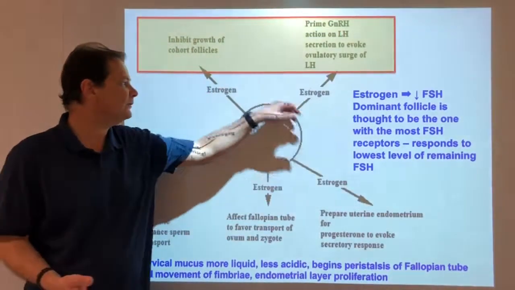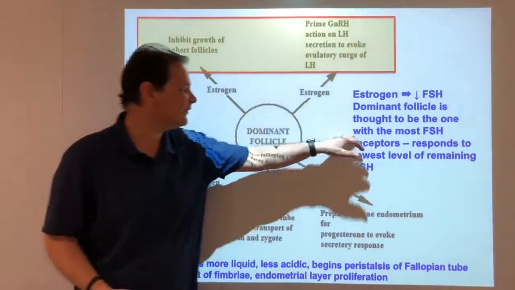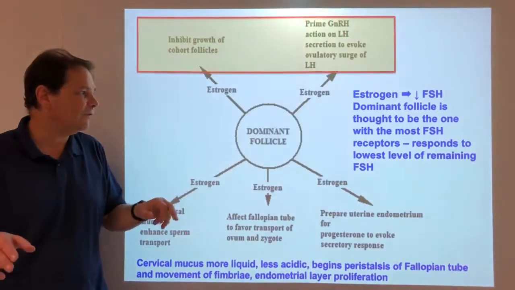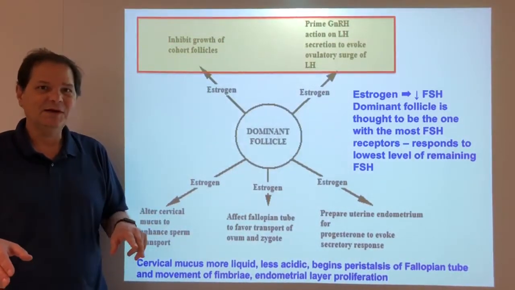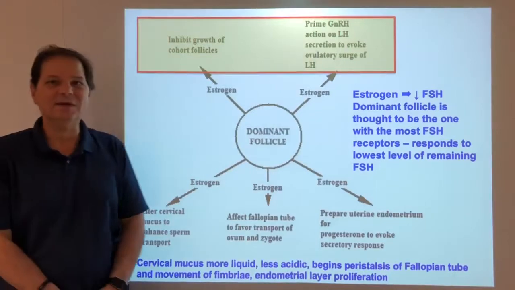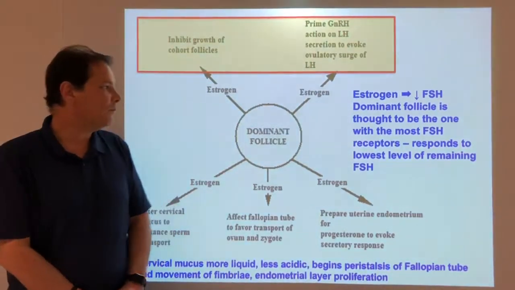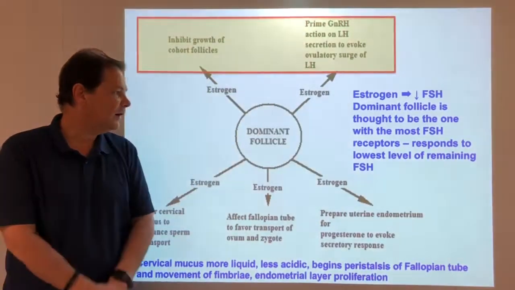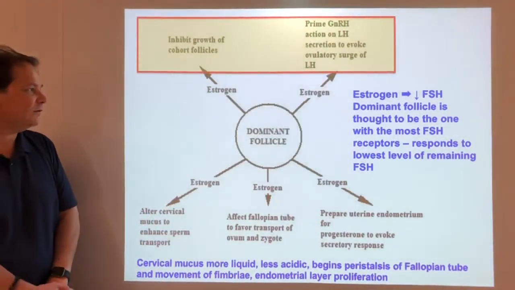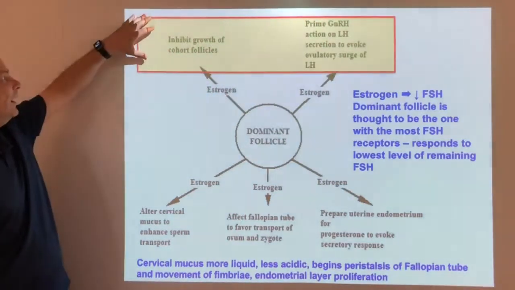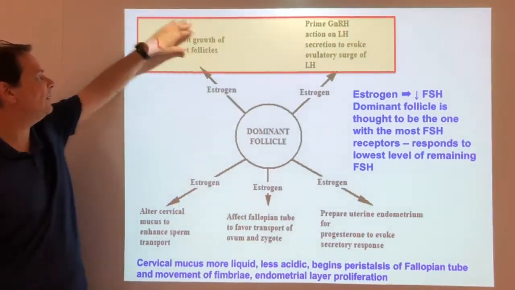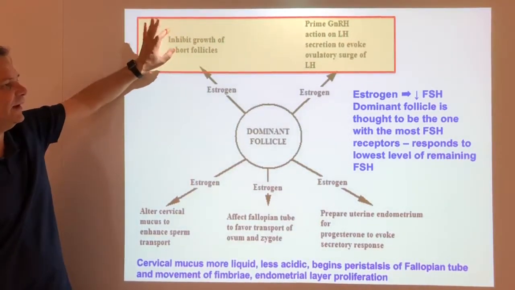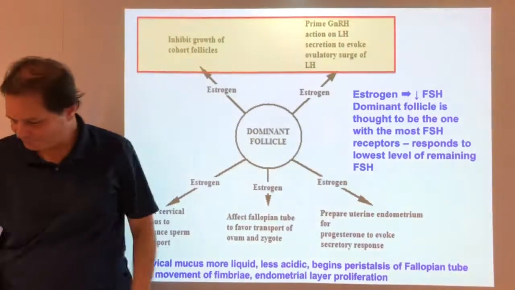So the dominant follicle appears to be the one with the most FSH receptors that can respond to the lowest level of remaining FSH in the presence of estrogen-mediated negative feedback. And so more FSH receptors seems to be the determining factor for which follicle becomes dominant, and which one survives as the cohort follicles are inhibited and regress away.